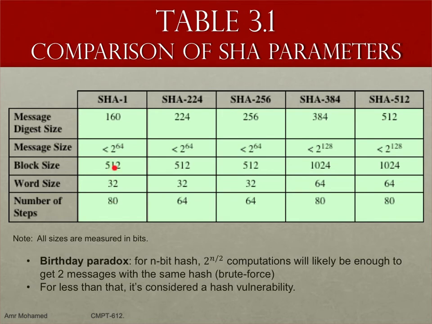Of course, these parameters are implementation dependent. There is a high correlation, a relationship, between the block size and the message digest, as we will see in a minute. So this block size is how you take the big message and divide it into blocks with fixed size.